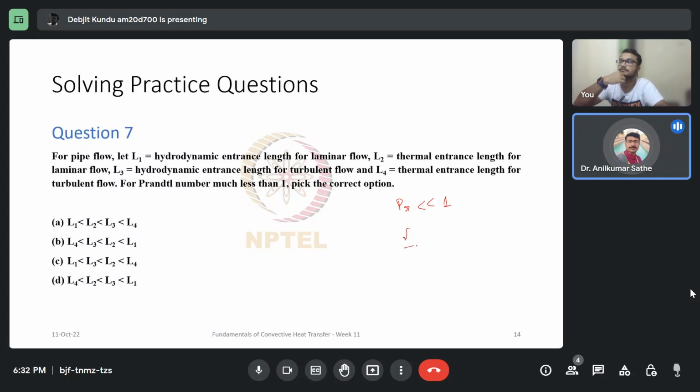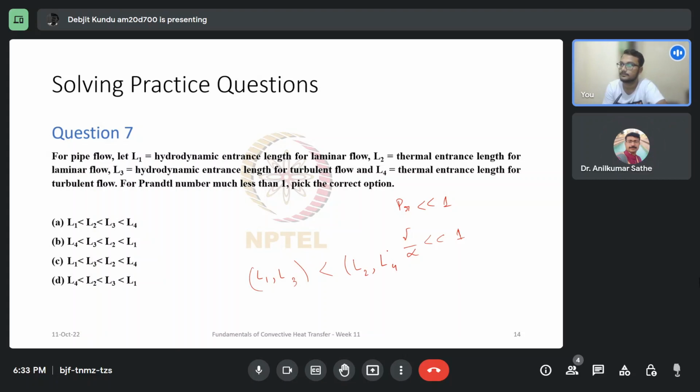Prandtl number much less than 1 means delta by delta T is less than 1, which means hydrodynamic boundary layers are smaller than thermal boundary layers. Now we have to think about which of laminar and turbulent has the smaller boundary layer. In turbulence, the entrance length will be smaller. So from here we can say that hydrodynamic lengths are smaller. So L1 and L3 would be smaller than L2 and L4, which are the thermal entrance lengths.